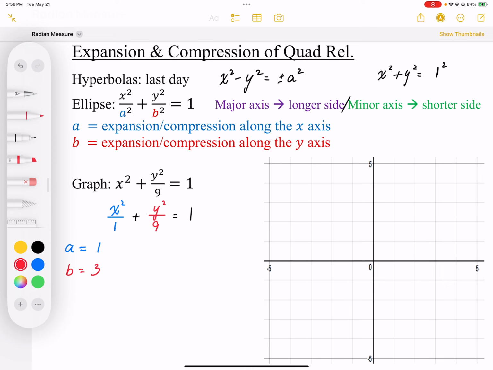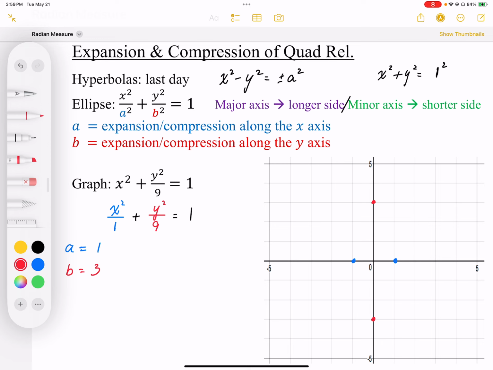So what that means then is that the a value gives us the x-axis radius, and the b value gives us the y-axis radius. So I can draw my point in here and here. That represents the distance from the center to the edges along the x. I could put a point at 3 and -3, and that gives me the points along the y.